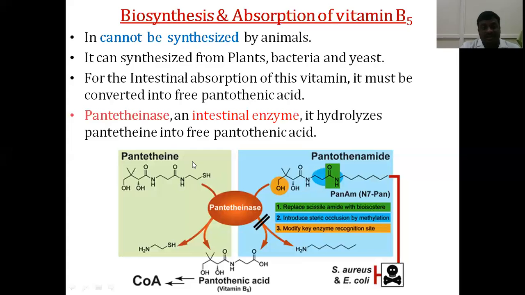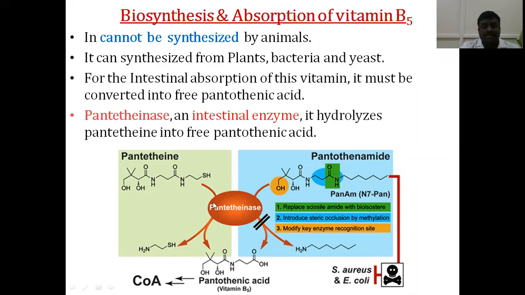Whenever we eat it, or whenever the bacteria reach the intestine, this pantothenamide or pantothenic first has to be converted to the pure vitamin. Only then does intestinal absorption take place.